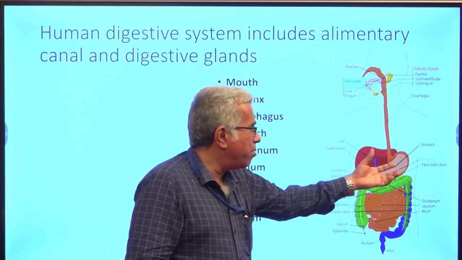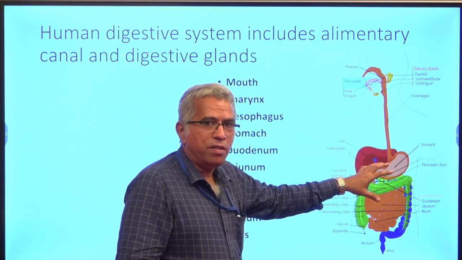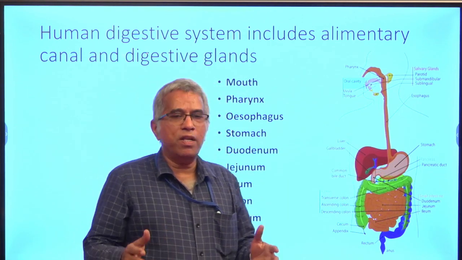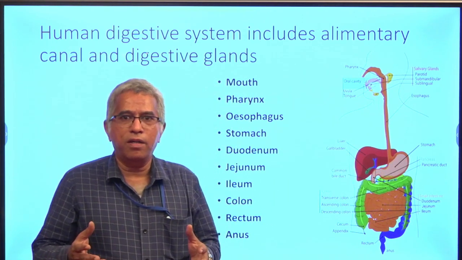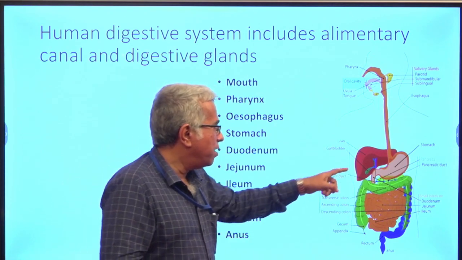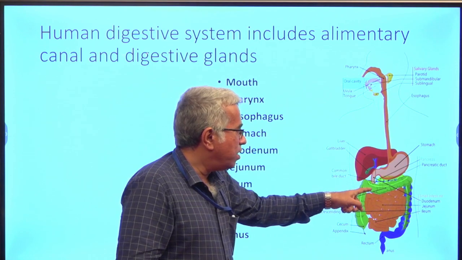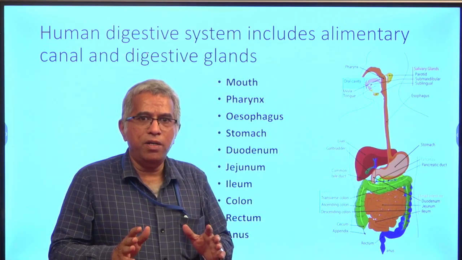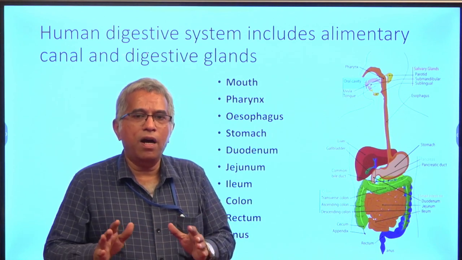This bean-shaped stomach contains 3 parts, namely cardiac stomach, fundic stomach, and pyloric stomach. And you know pretty well that the stomach secretes an acid called hydrochloric acid. The stomach leads into the small intestine, which contains 3 parts, namely duodenum, jejunum, and ileum.